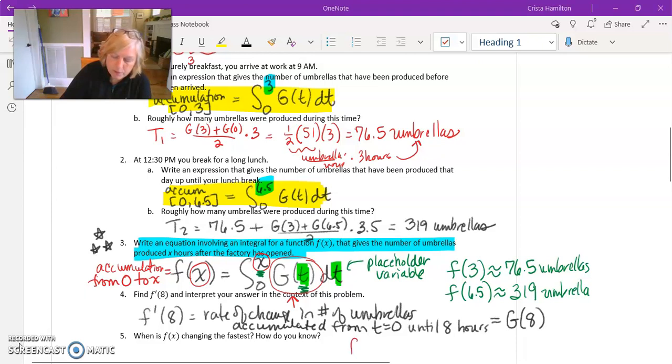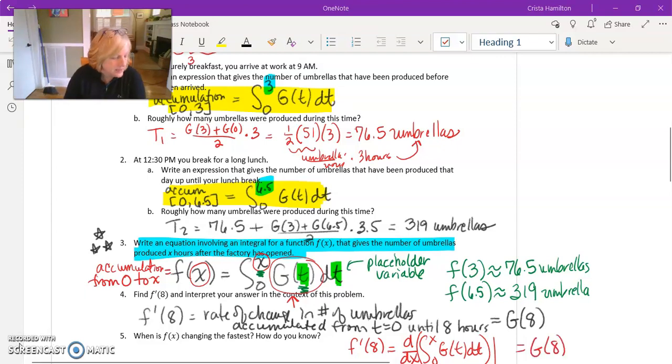So our f prime of 8 is really the derivative with respect to x of the integral from 0 to x of g of t dt, put parentheses around that, and we are evaluating that at x equal to 8. And so that's why we're getting our g of 8. And if we were to plug that into the function, because we already have it, that would give us 96. So if we had 8 times 20 minus 8 squared, that would equal our 96.